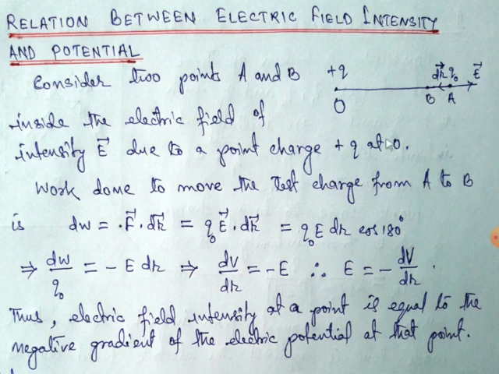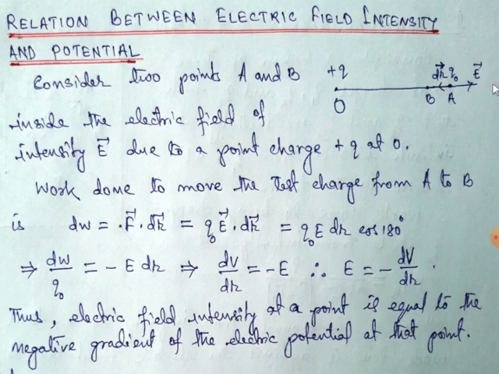The small amount of work done will be denoted by dW, and we know that work done is expressed as force dot displacement. Your force is acting along this direction. We know that electric field is equal to force per unit charge, so force will be electric field times that charge. So the force experienced will be Q naught times E along this direction.